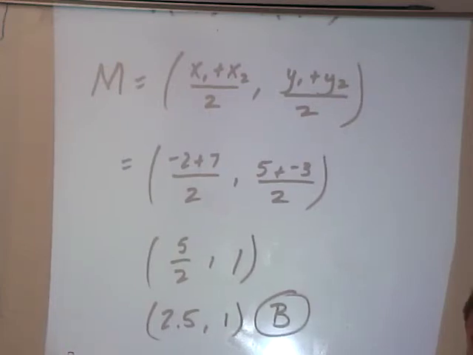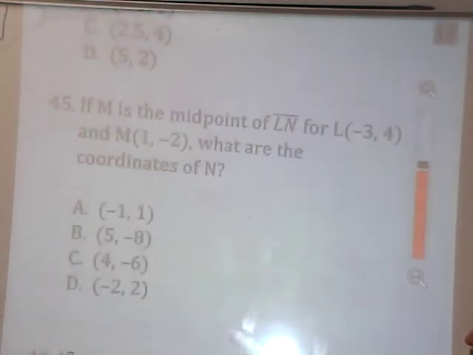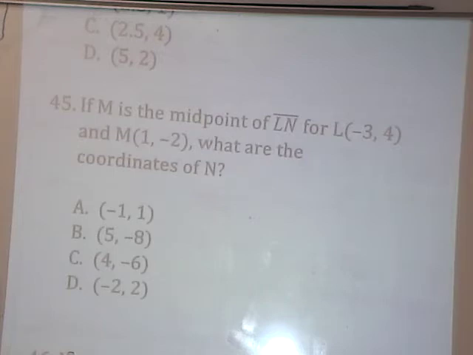All right, 45. They tell us M is the midpoint of LN. So M is the point in the middle, and they give us L, and they give us M. They give us the endpoint. They want to know the coordinates of the other endpoint. So here it's a little different.